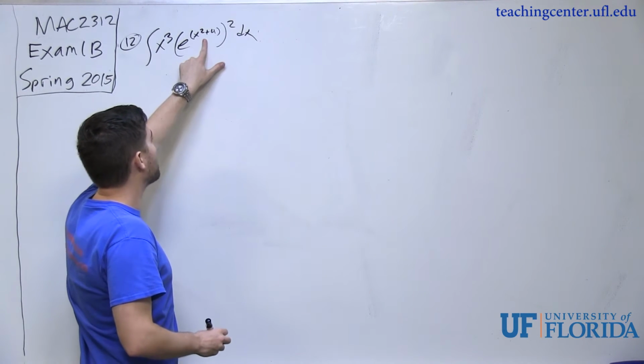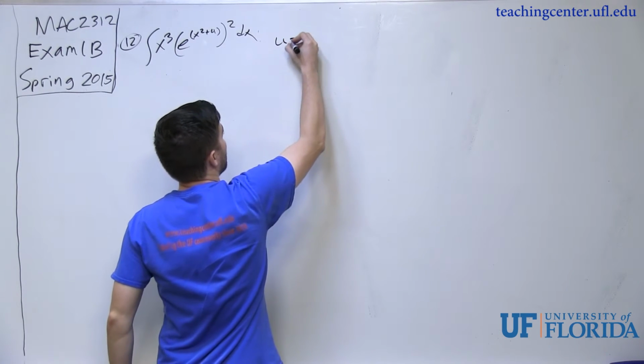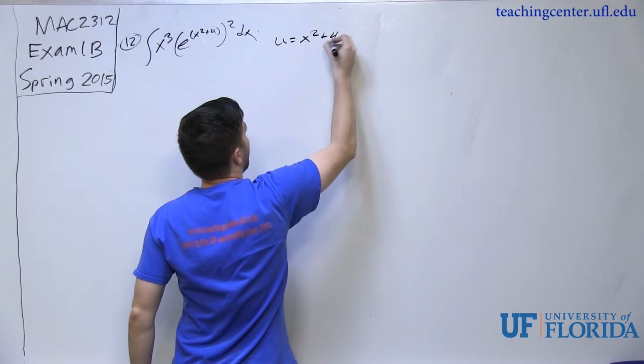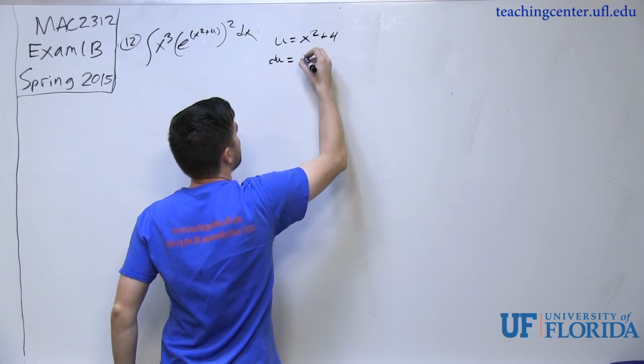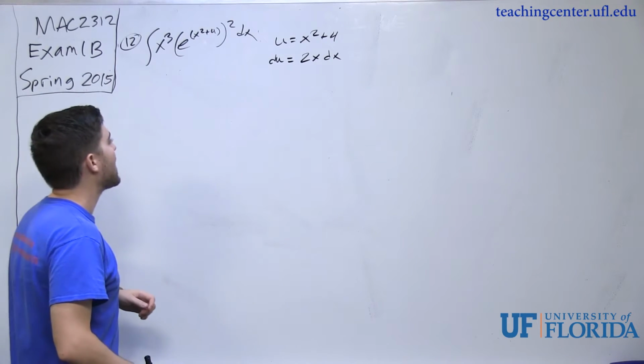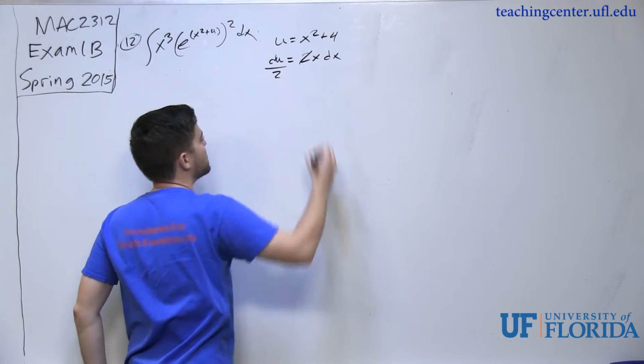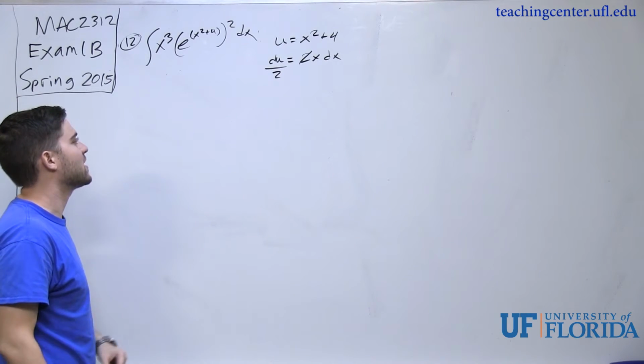In this case, I have to make u equal to x squared plus 4 initially. If I take my derivative, that's equal to 2x dx. There is no 2 outside, so I have to divide the 2 over to compensate for the x dx.